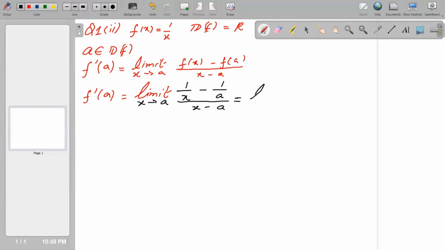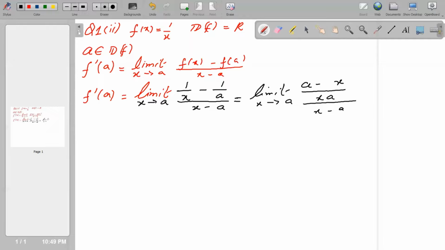So this is equal to the limit as x approaches a of a minus x divided by a x, upon x minus a.